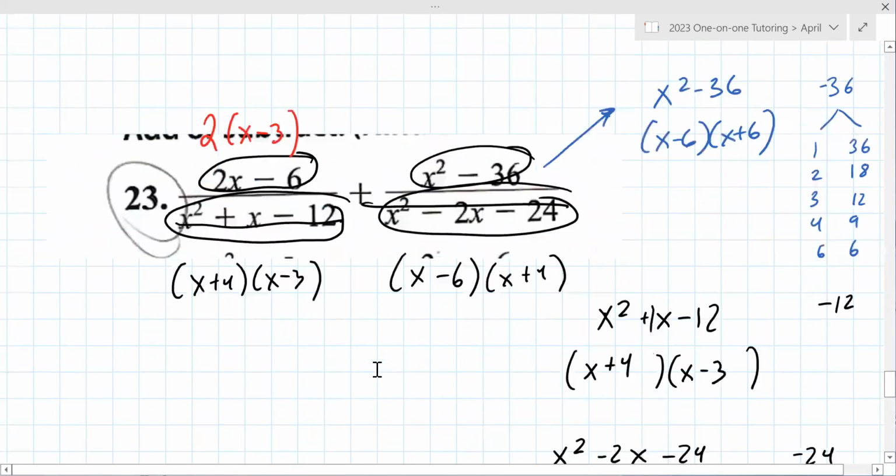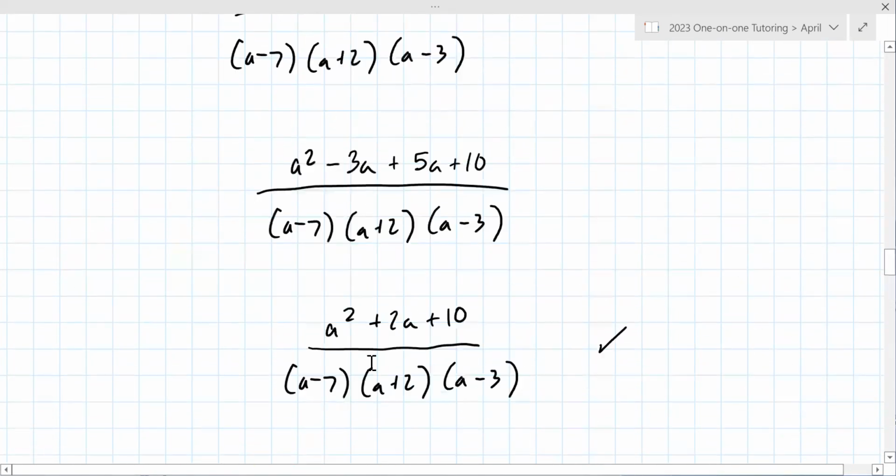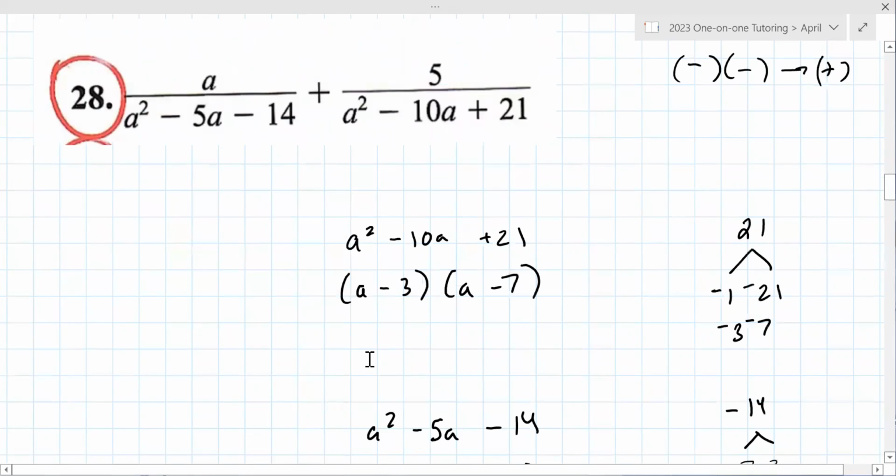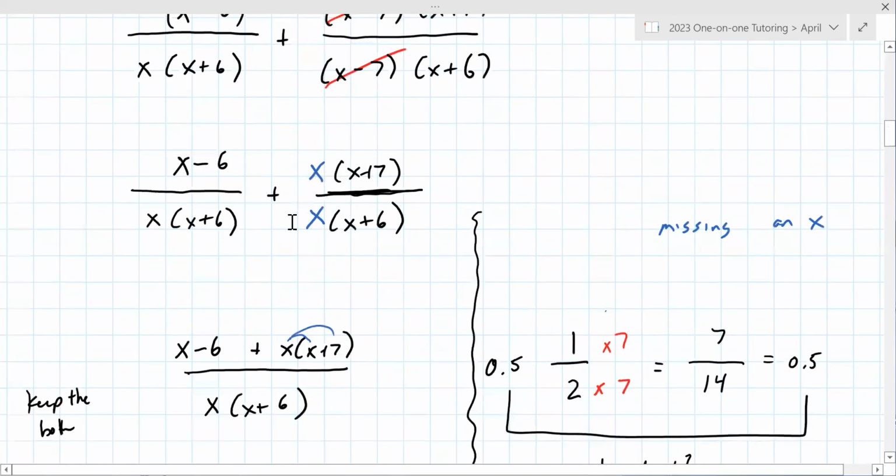Let's go back and look, because I want you to see that we've already done one like this. So this is definitely something that you can do. What did we do here? What's in blue? What do you see? Missing an x.